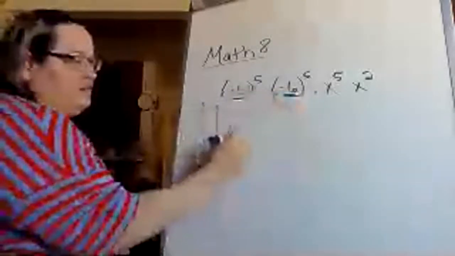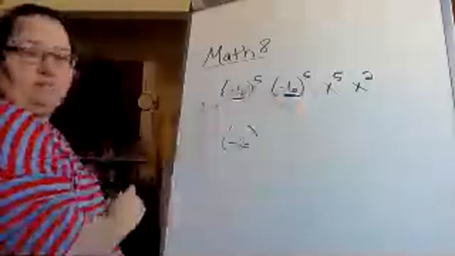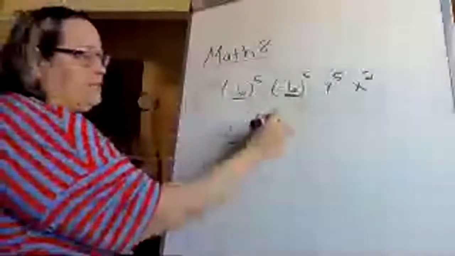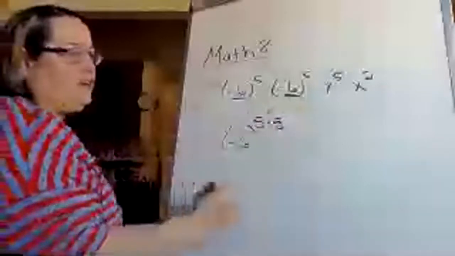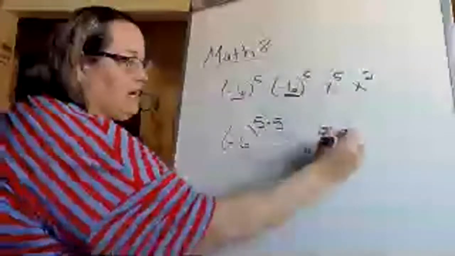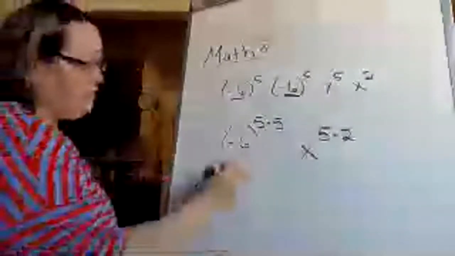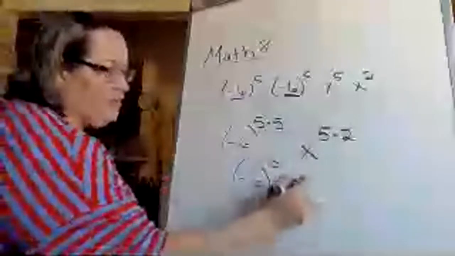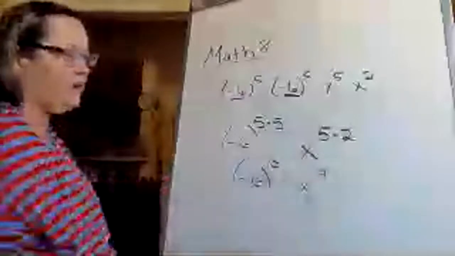So I write down -6. Then I have the exponents. I add the exponents. Over here, I have x. That's a different base. And I have 5, and I add 2. This is -6 to the 10th power. This is x to the 7th power.